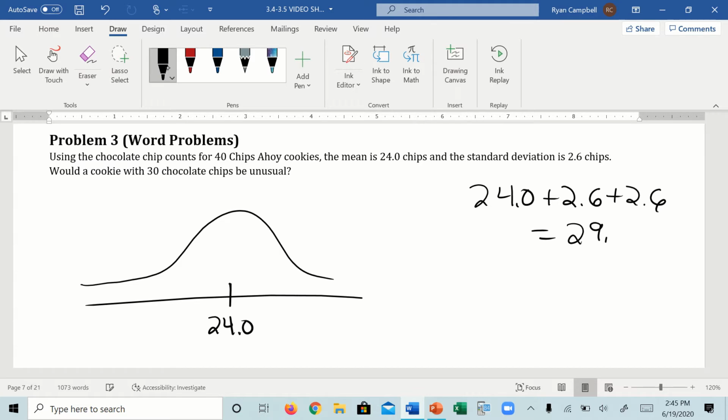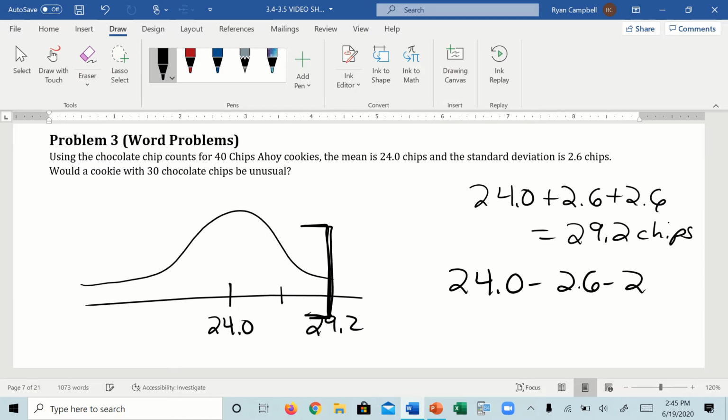We would get 29.2 chocolate chips. So 2 standard deviations above would be 29.2. And then if we subtract 2 standard deviations, we end up with 18.8.